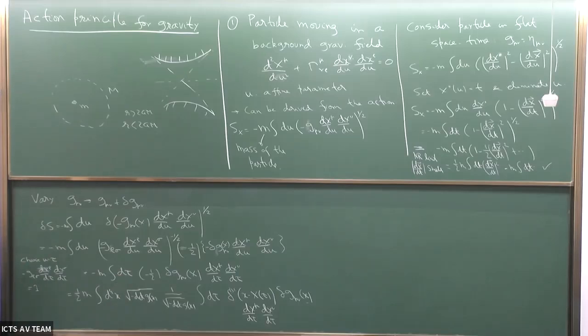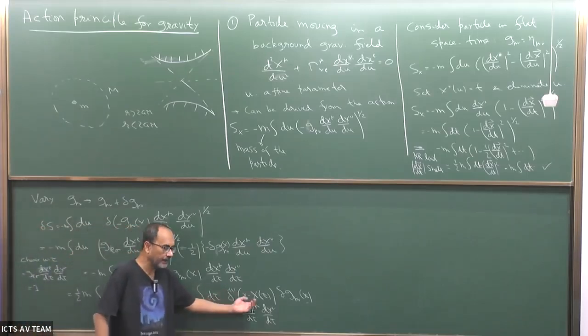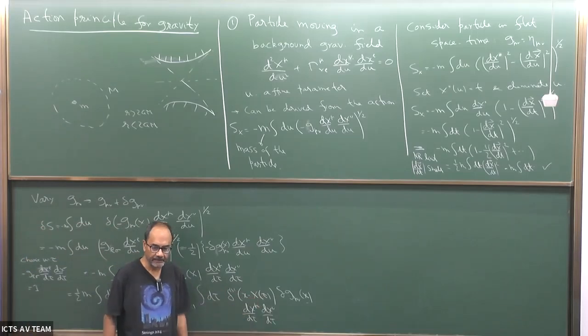Is this clear? I have just rewritten a simple expression in a somewhat more complicated form, first by multiplying and dividing by something, and then I introduced an integral, but that integral can be easily performed by using this delta function.